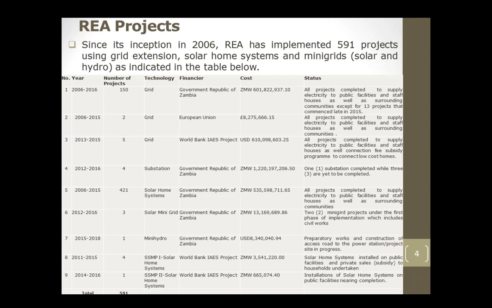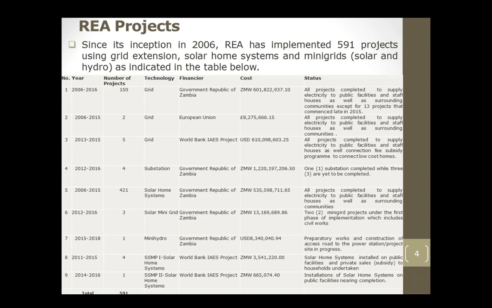Number three, we have grid extension projects, 5 of them, which were financed by the World Bank project at a total cost of 610 million dollars. All projects were completed to supply electricity to public facilities and staff houses, as well as connection fee subsidy.